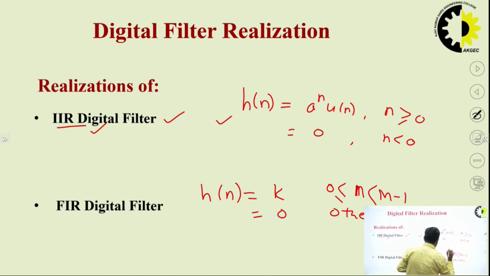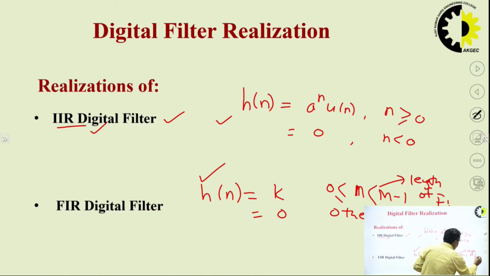Here our h of n lies for finite duration, where capital M is called the length of our filter, the length of the FIR filter. In this way we can identify IIR and FIR.